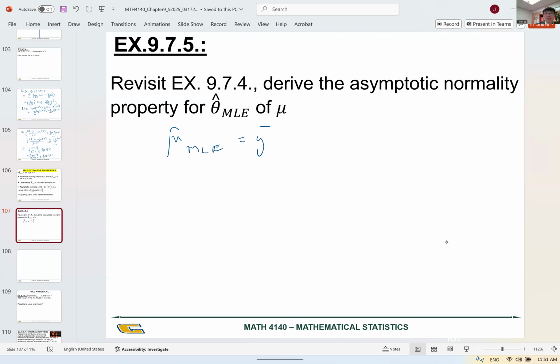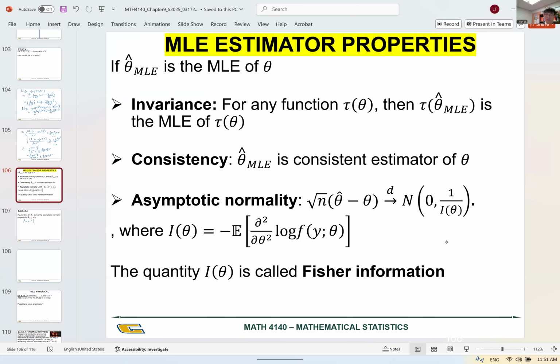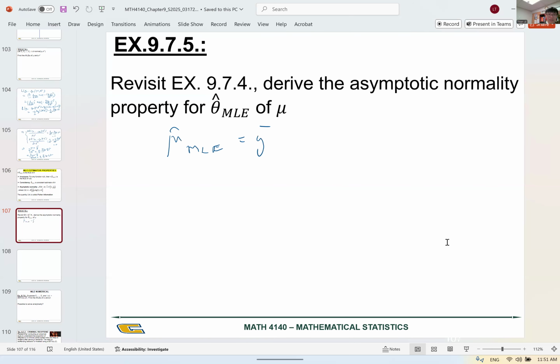So now our job is that we want to derive the asymptotic normality property, right? It tells us that the square root of n times the MLE minus theta, which is mu here, will converge in distribution to a normal with mean zero and variance I theta.